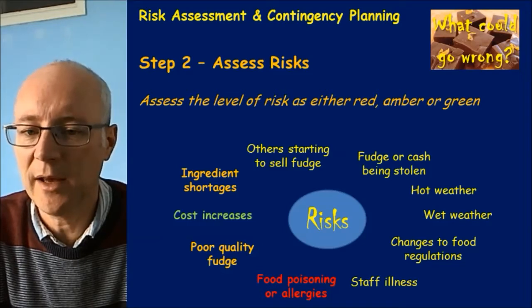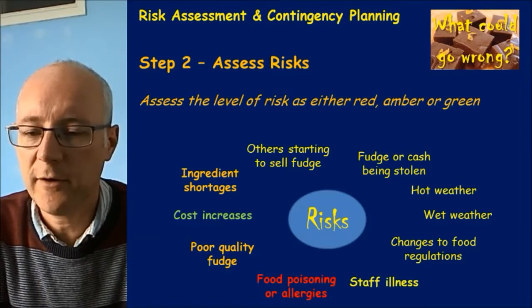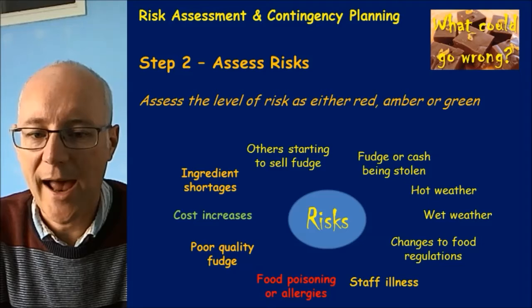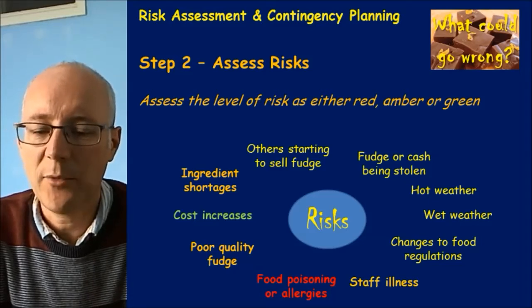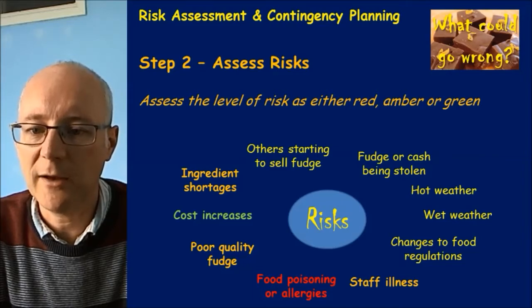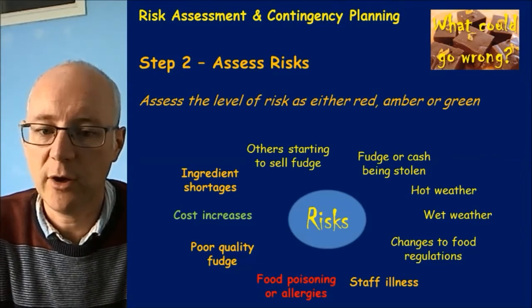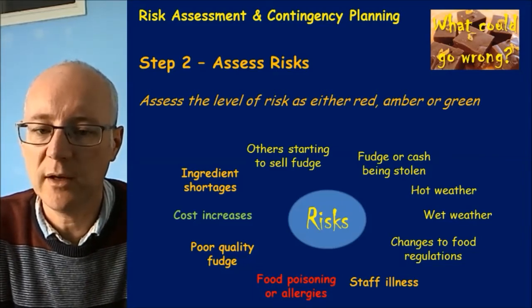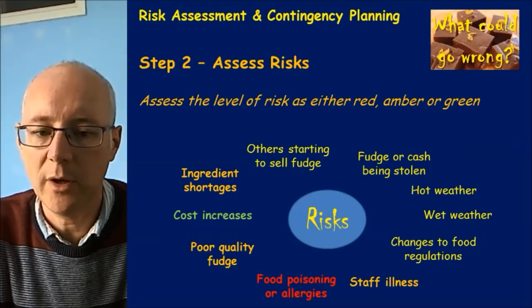So that I'm labelling as a high risk. Staff illness, I'm labelling as a medium risk. If I'm ill, I'm not going to be able to make fudge, or if I do make fudge while I'm ill, I could also cause people to have food poisoning or cause other problems, pass on my illness to other people. So that's going to be a moderate risk for me.